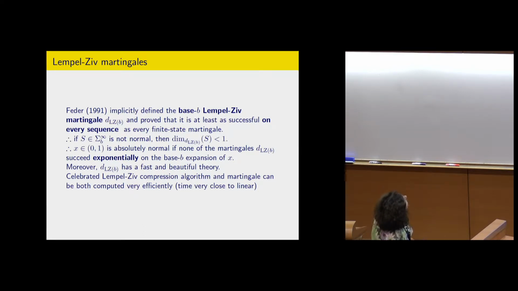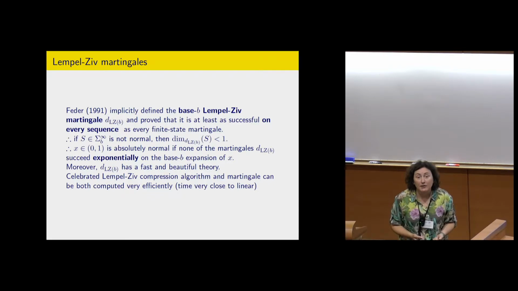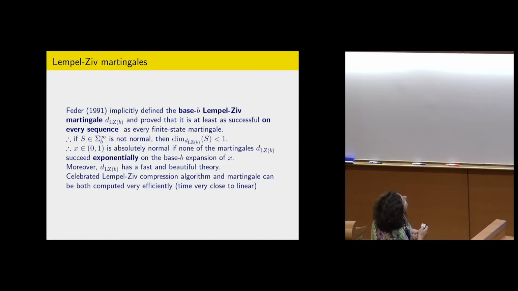Just to give some credit, the Lempel-Ziv compression algorithm was later converted into a base-B Lempel-Ziv martingale. I think this was in 1991. So this martingale corresponds to the strategy described by the compression algorithm.